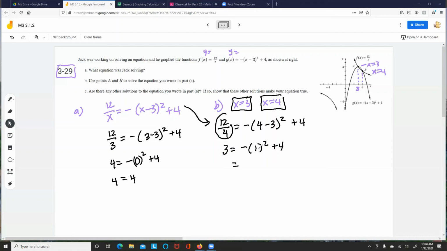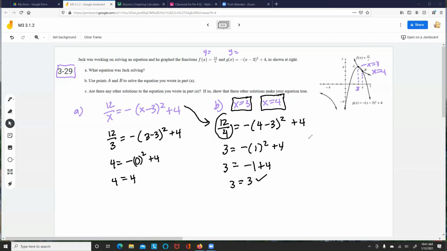Well, you do the squared first. So 1 squared is positive 1 times negative, that gives you a negative 1. Order of operations, super important right there. That's a negative 1, not positive 1. Okay, 4 minus 1 is 3, so we get 3 equals 3. Check, this is an answer. So these are our two answers according to this graph right here.